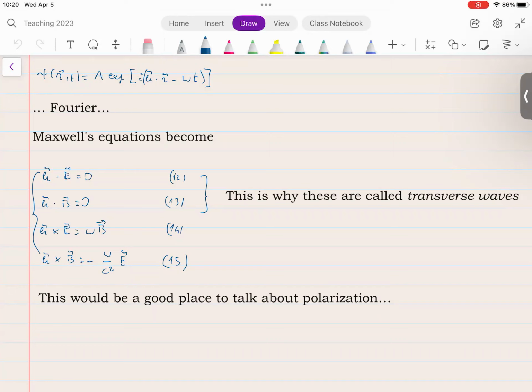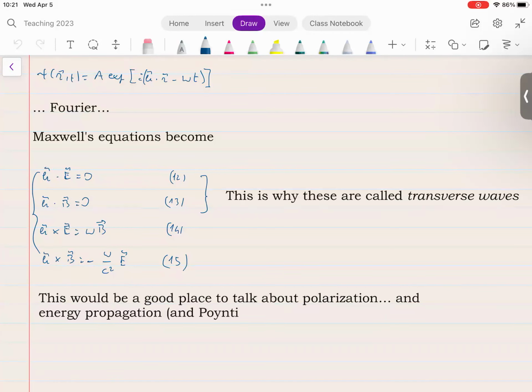And in fact, this would also be a good place to talk about energy propagation and the Poynting vector.